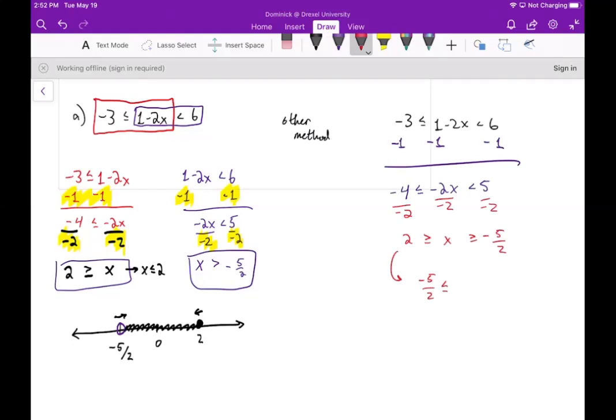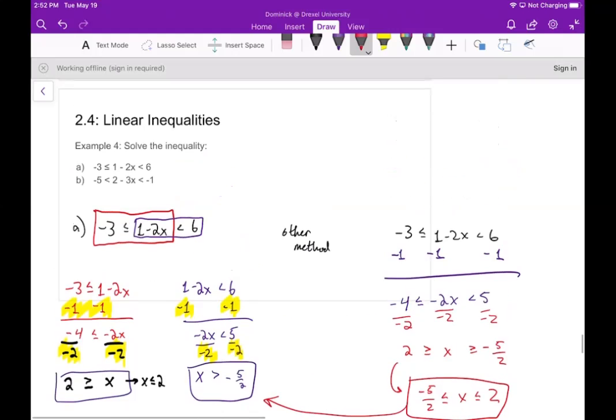So we would reorder this to be negative 5 over 2 less than or equal to x, which is less than or equal to 2. But that's saying the same thing as these two, right? So usually I prefer this method on the right here, just because it's a little bit quicker. But usually the method on the left helps people sort of visualize what's really going on.